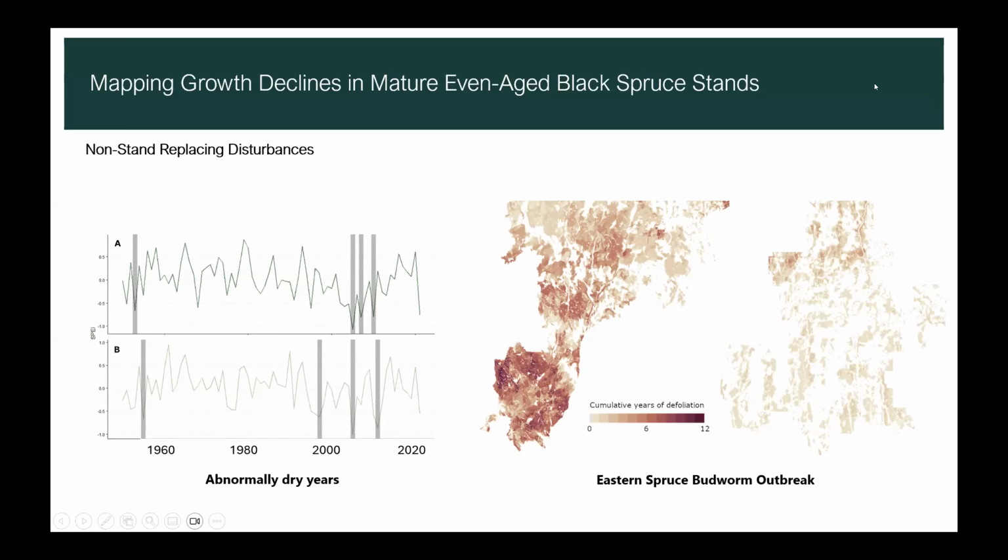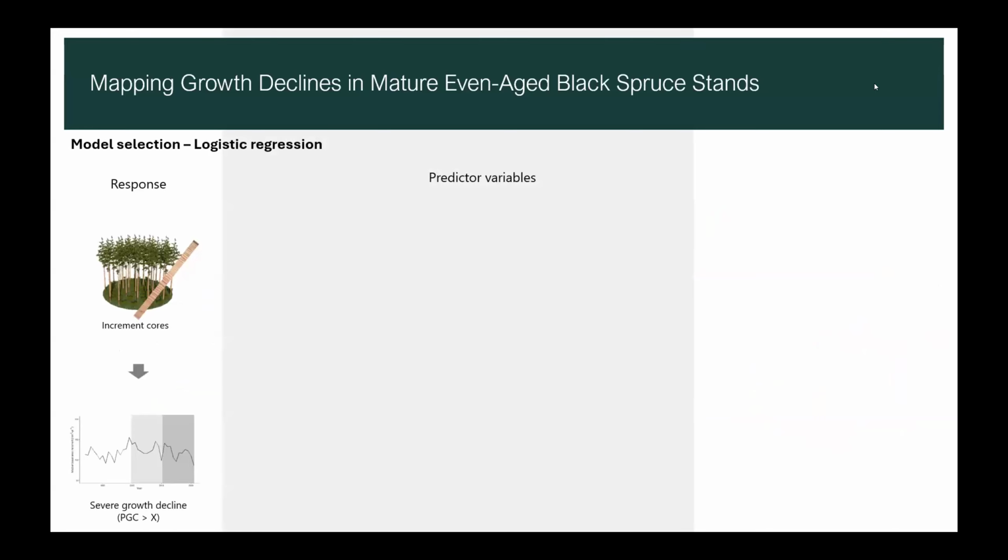So I won't go into details on what factor exactly is attributable to growth decline, but what we tried to do basically is see if we could predict and map these growth declines over our two study sites. So we first established a threshold for the growth declines to be considered as severe.